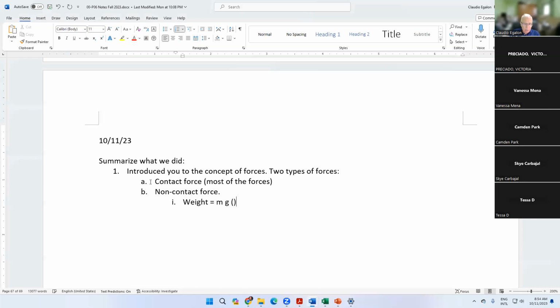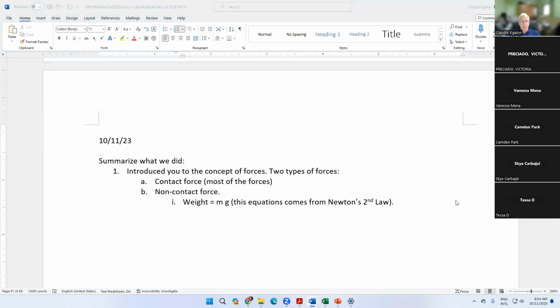Okay, this equation that you see here, even though I just gave it to you, comes from Newton's second law, which we still didn't introduce to you yet. So remember this equation, right? And this force as well.